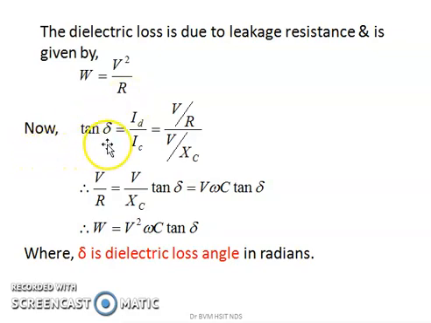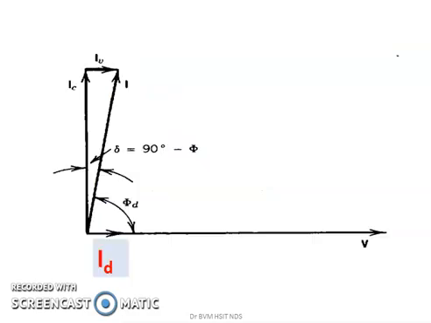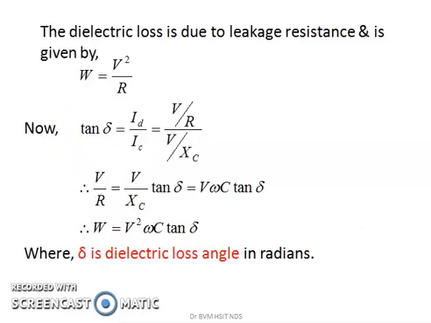Now, tan delta is given by ID by IC. ID is V by R and IC is V by XC, and XC is 1 by omega C. So V by R equals V by XC into tan delta, which is V omega C tan delta, since omega C comes into the numerator.